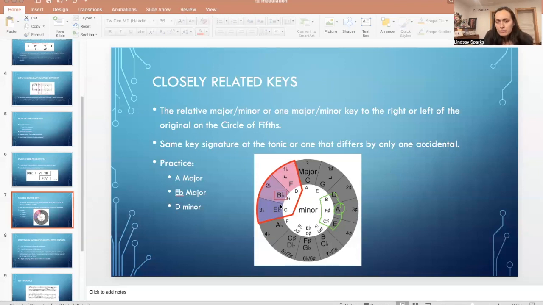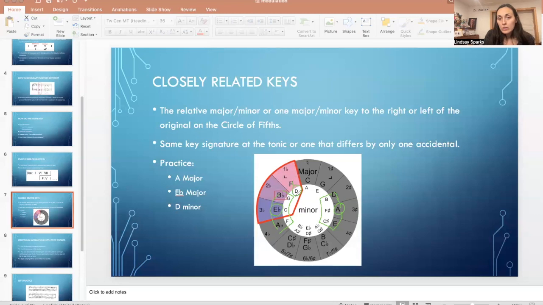E flat major, here's E flat. We could go to B flat, A flat, G minor, C minor, or F minor. And just for one more, D minor, which we had on the other screen: we could go to F, which is its relative major.